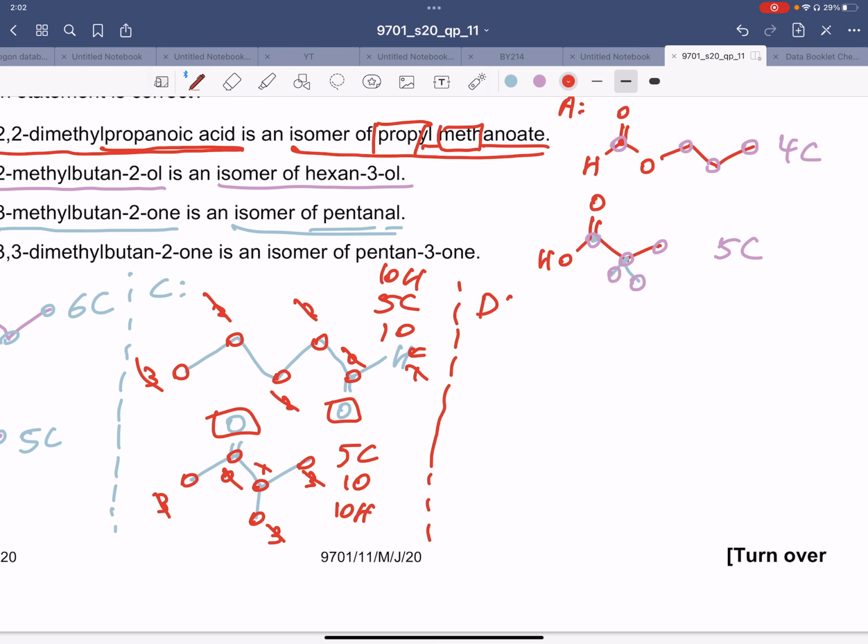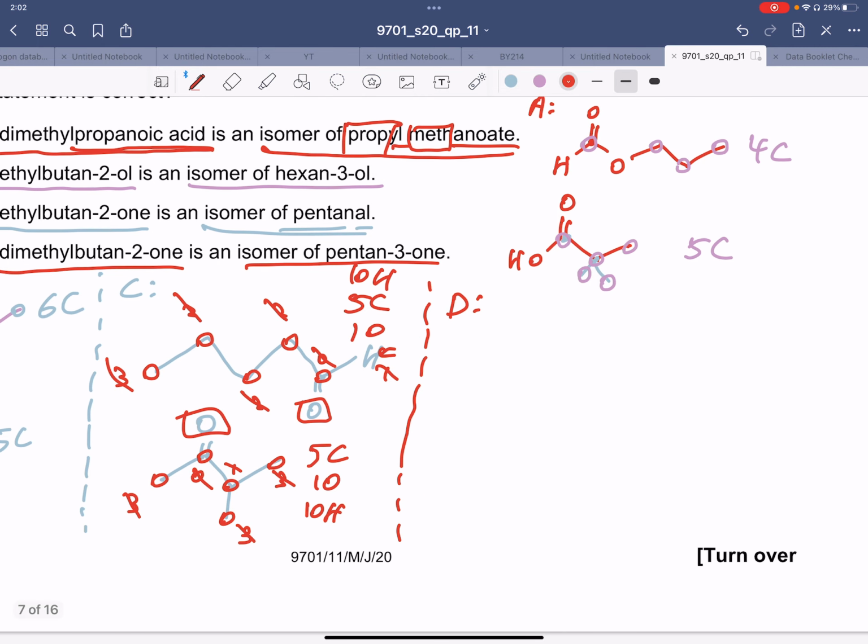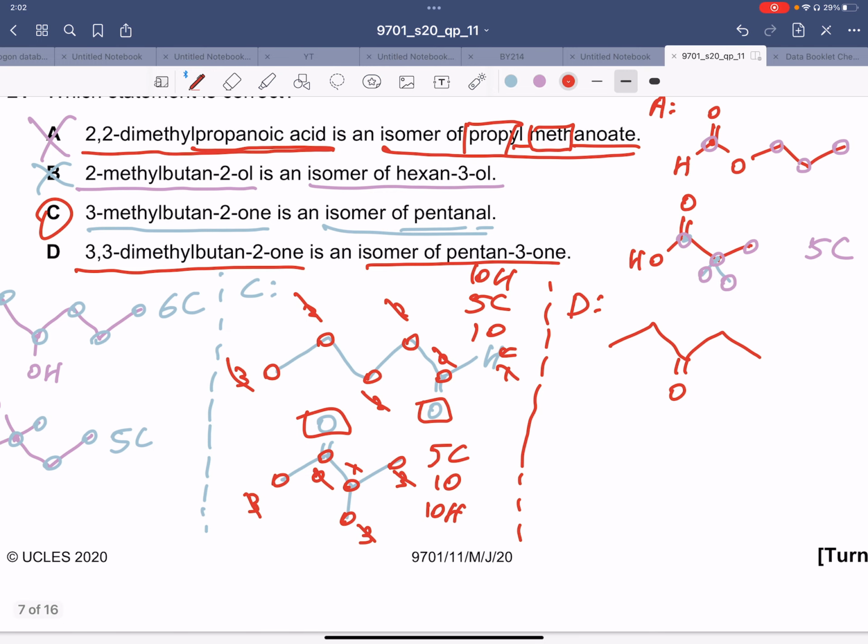Answer choice D. Okay, 3,3-dimethylbutan-2-one is an isomer of pentan-3-one. Okay, so pentan-3-one looks like this. So 1, 2, 3, 4, because it's pentan, and then 3-one. Okay, like that. So that is pentan-3-one. 3,3-dimethylbutan-2-one.